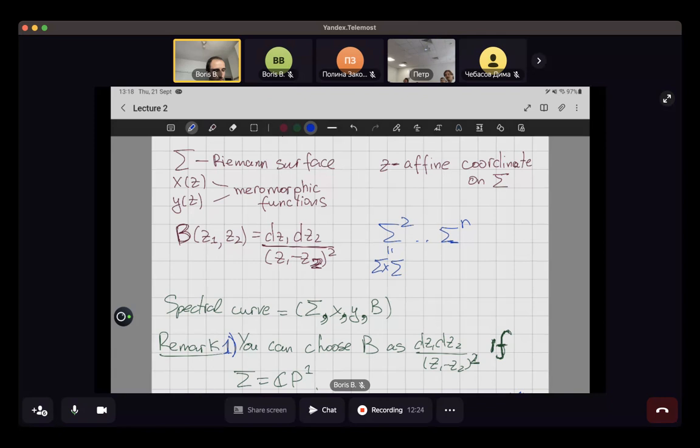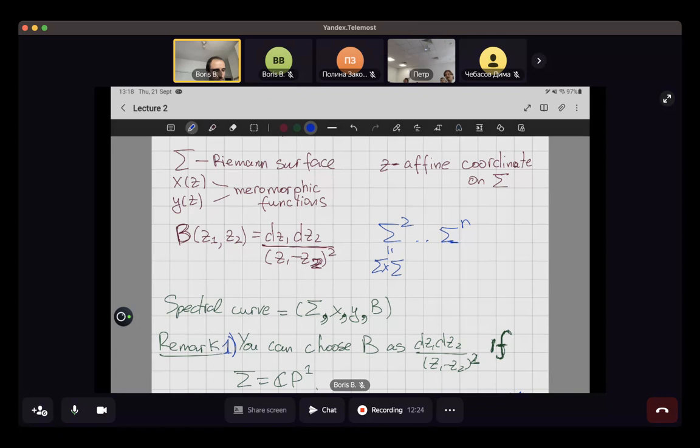Okay, so what are the conditions on x and y? First, in the whole course, the critical points we want, the zeros of dx over x, to be simple.